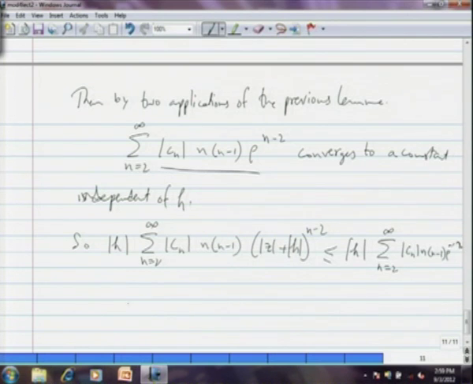Okay, and we have a multiplication by modulus of h of a convergent series whose value is independent of h.